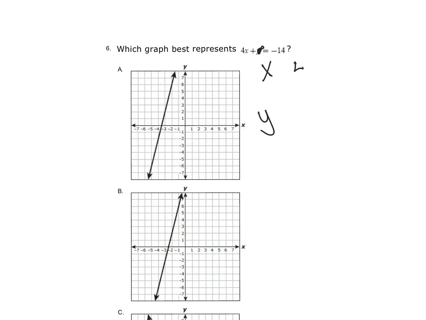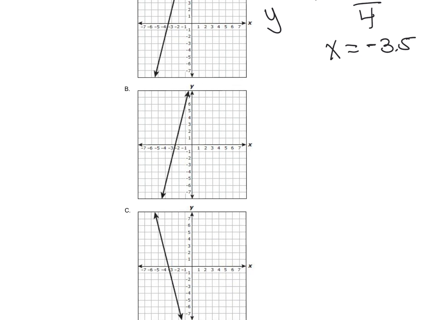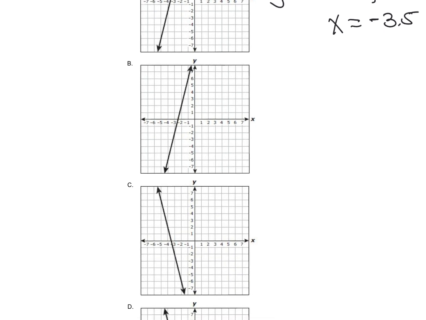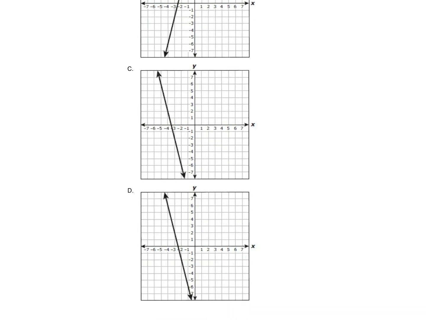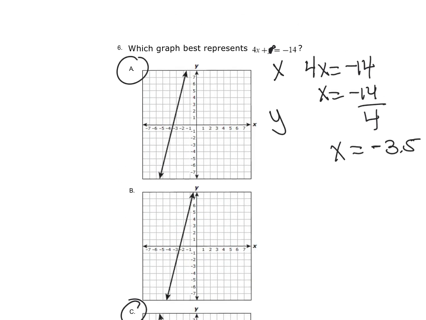So we're left with 4x equals negative 14, okay? We have x equals negative 14 over 4, and if we simplify that, we have an x-intercept of negative 3.5. So A would work, C would work. So right now we're left with A and C. That would be our only options because that would be our x-intercept.